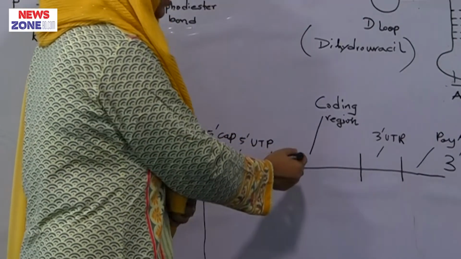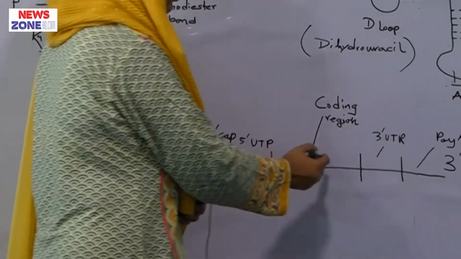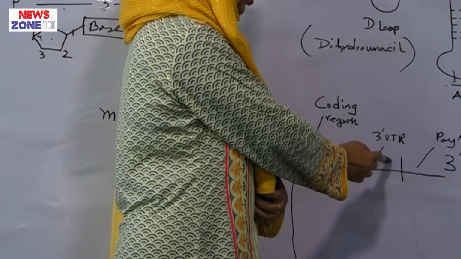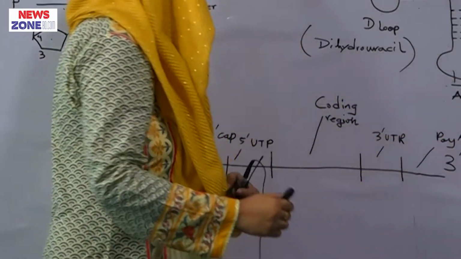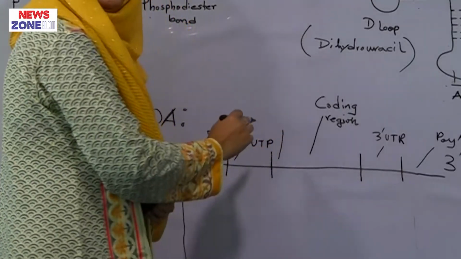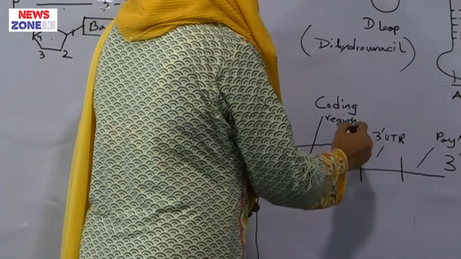After that there is a coding region, that is the exons, then the 3' untranslated region, then the 3' poly A tail. In the coding region, first there is an initiation codon, then the exons and then the stop codon.